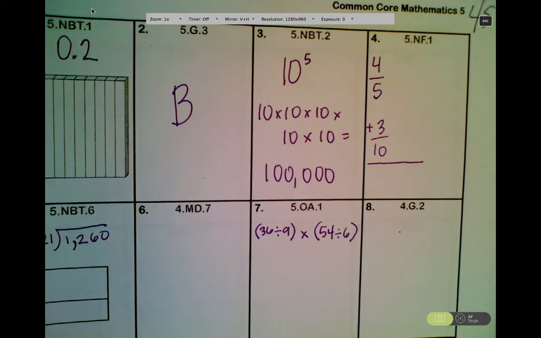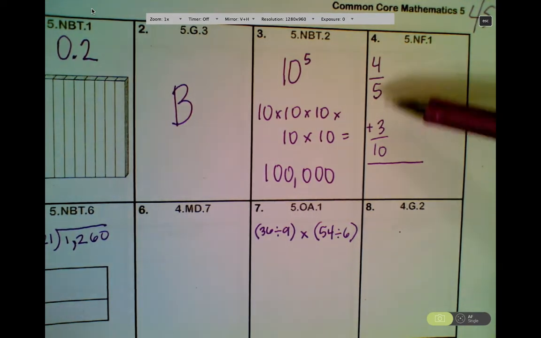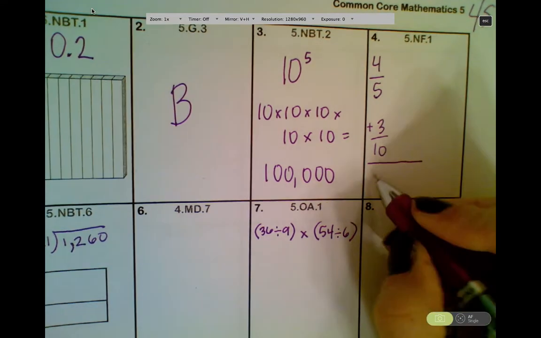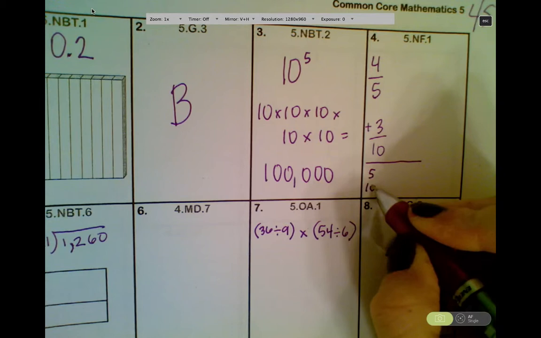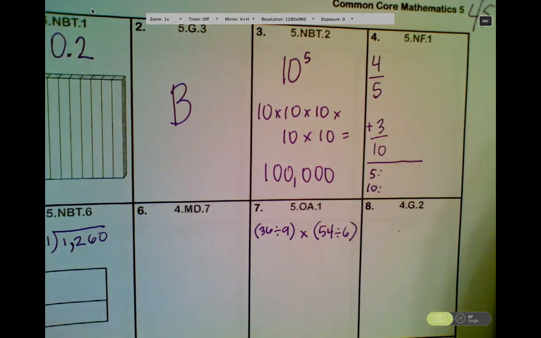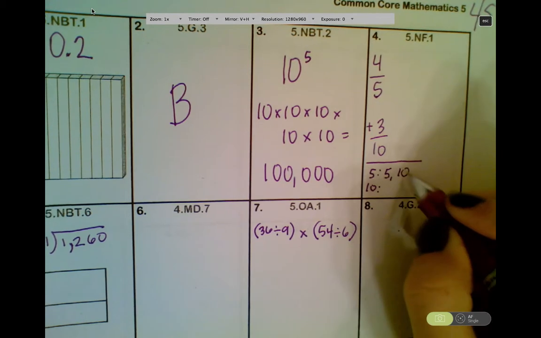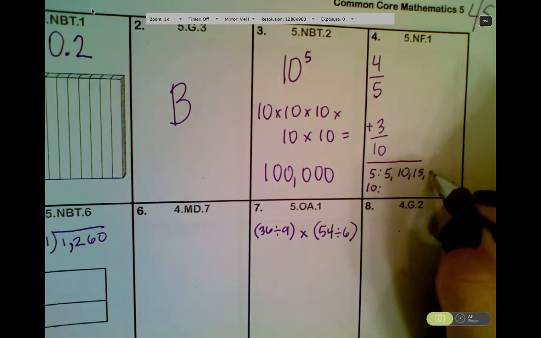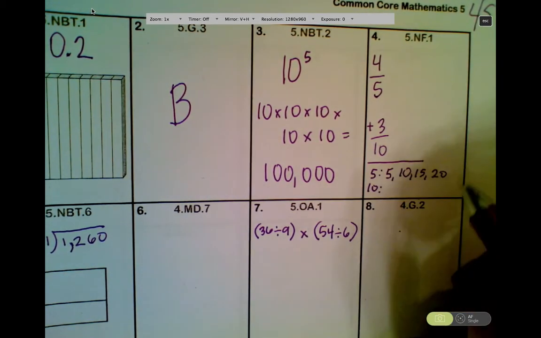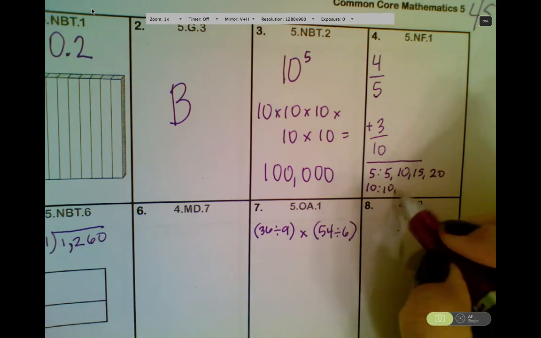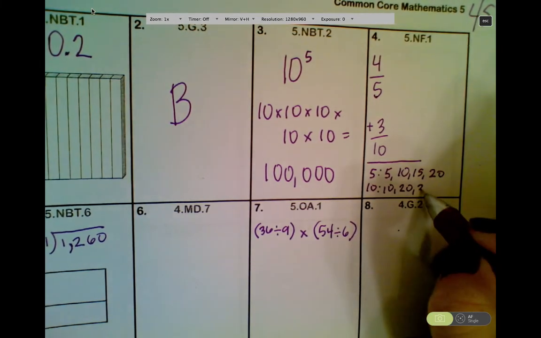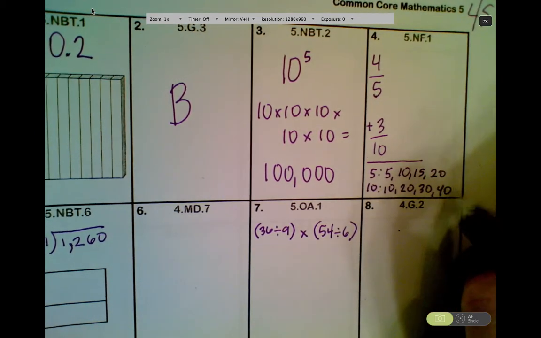In order to figure out number 4, you have to find a common denominator. And the way you do that is you're going to list each denominator and each of their multiples. So 5, 10, 15, 20, and then 10, 20, 30, 40, and so on.